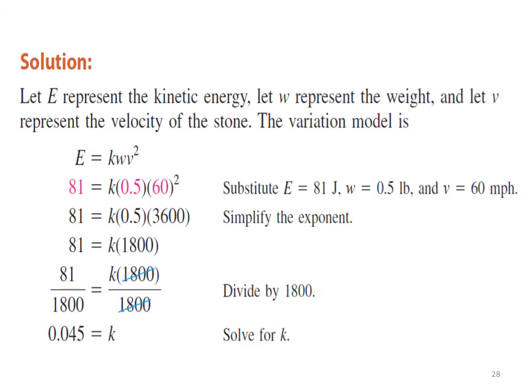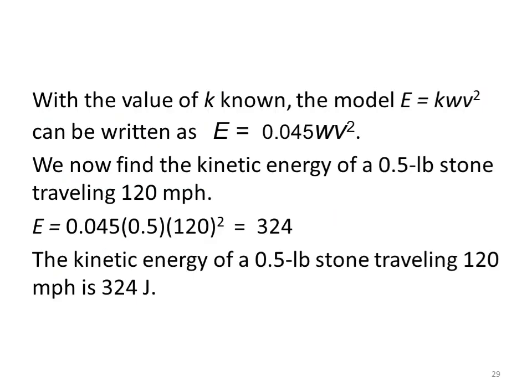You can now substitute the value for K in the model, and now we can use it to answer the question. Now the model will be the energy is equal to 0.045 times the weight, W, times the square of the velocity, V squared.